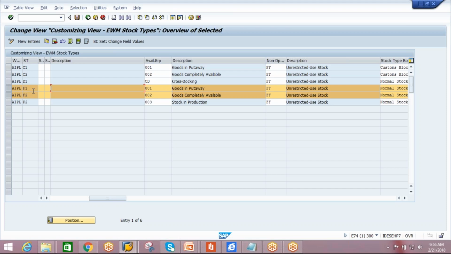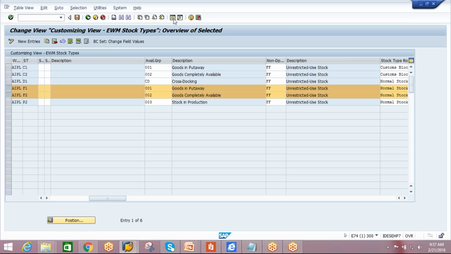Okay, that is fine. But why or how are this F1, F2 updating the stocks in ECC, that we can check.